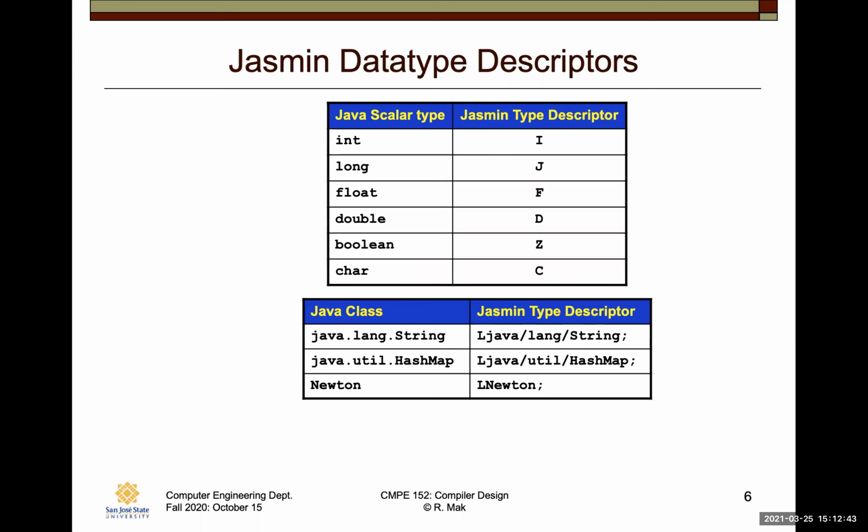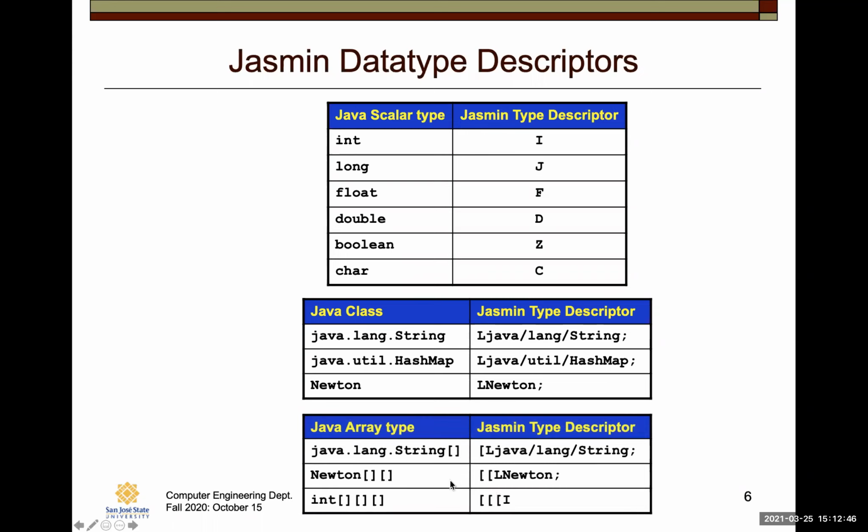Now, what about arrays? Well, here is yet another notation. We use an open square bracket to represent an array dimension. So here is a one-dimensional array of string: an open square bracket, then java/lang/String with L in front of it and a semicolon at the end. And here is a two-dimensional array of Newtons, and so we see the two brackets here. And here is a three-dimensional array of ints.